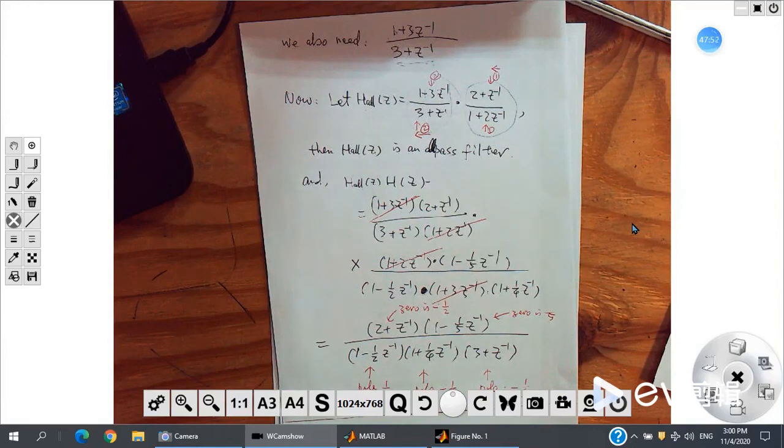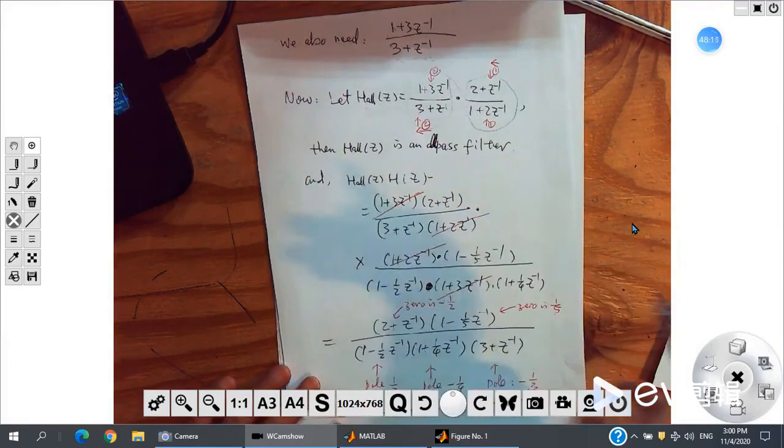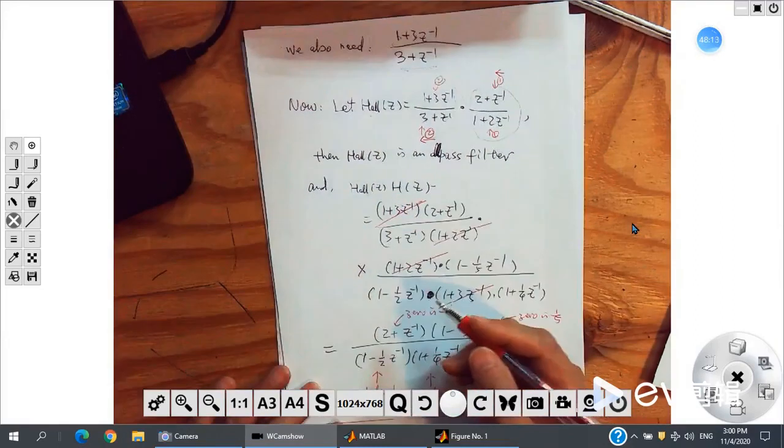Of course, both sides are causal and stable. Yeah. And actually, at the same time, we have another feature. We will keep the magnitude without any change, because the all-pass filter has magnitude 1. Magnitude 1 times any filter will not change your magnitude.